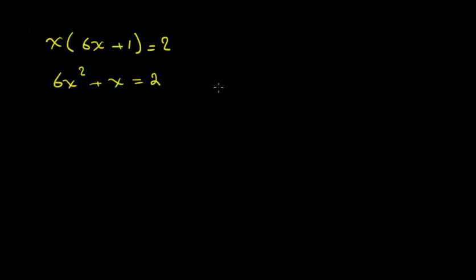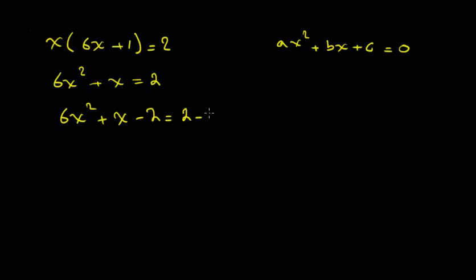Now we know that the formula for a quadratic equation is ax squared plus bx plus c equals 0. So we need to get rid of this one and set it equal to 0. In order to do that, we can subtract 2 from both sides. Then we'll have 6x squared plus x minus 2 equals 2 minus 2.